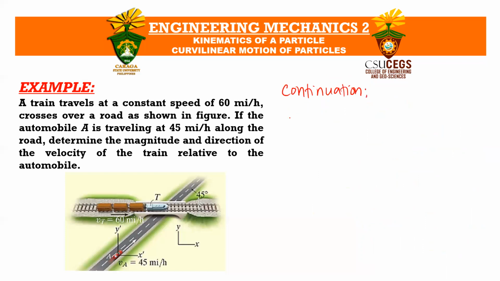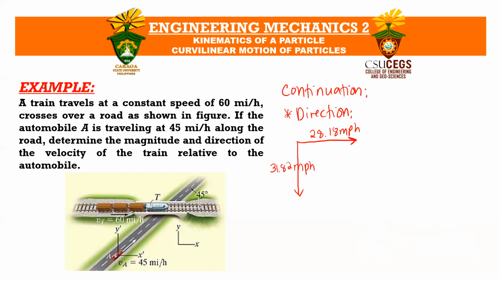So for the direction, if we draw the velocity of your train relative to the automobile in a coordinate system, the x component is acting along the positive x, since it is equal to positive 28.18 miles per hour, and the y component is acting along the negative y-axis because it is equal to negative 31.82 miles per hour.